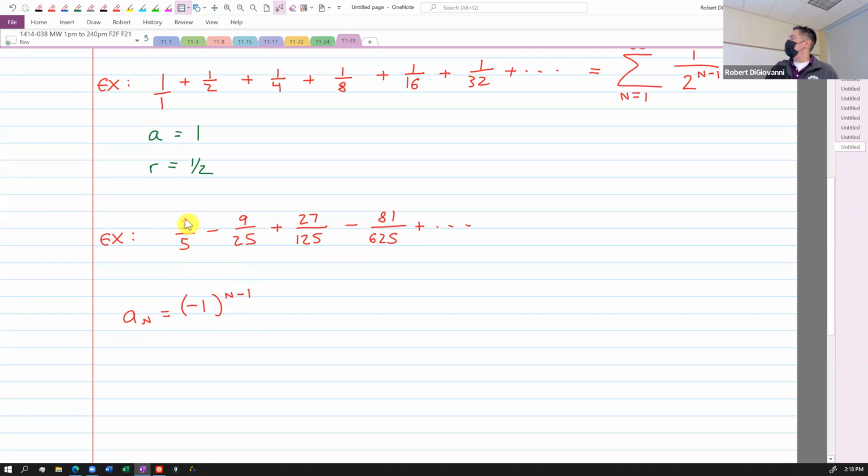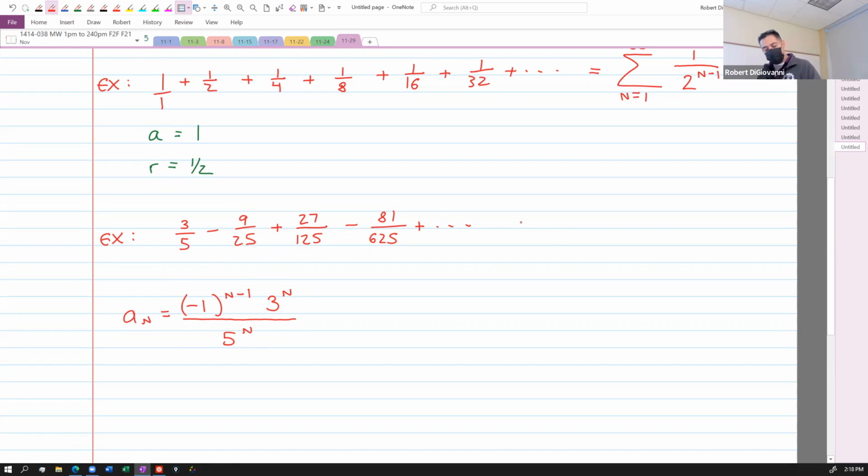What about the numerators? 3, 9, 27, 81, 3 to the n over 5 to the n. You all with me? This should do it. -1 to the n minus 1, 3 to the n, 5 to the n. That should create this, right?